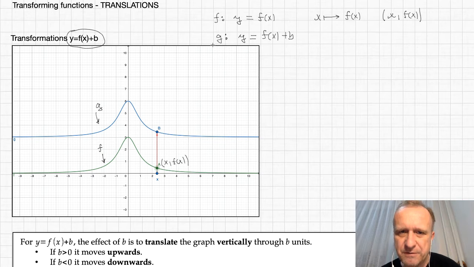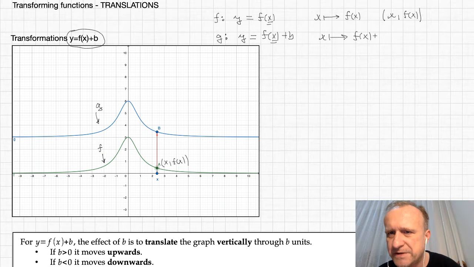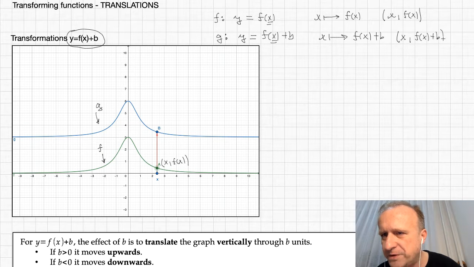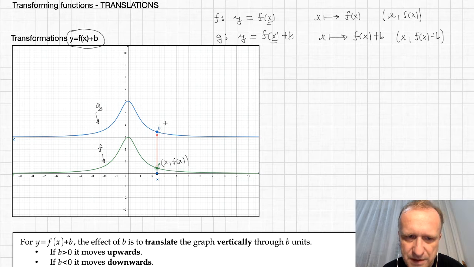The function value of this new function g for the same value of x as the function value of the function f is given by the function value of f of x and b when you add them together. So you take x and assign the function value f of x plus b to it, thus obtaining the point with coordinates x and f of x plus b on the graph. Therefore this point B here has the coordinates x and f of x plus b.